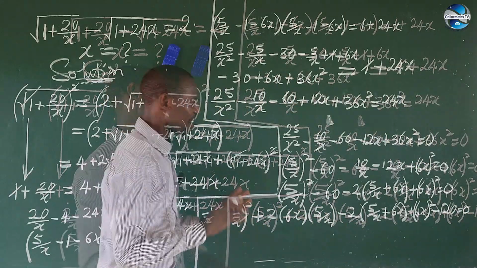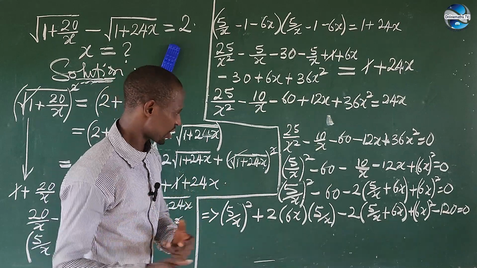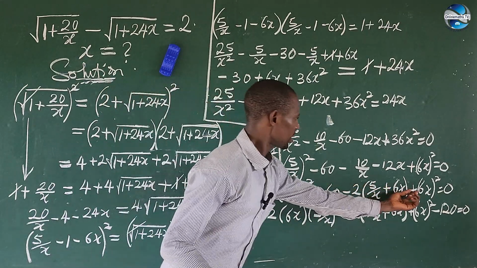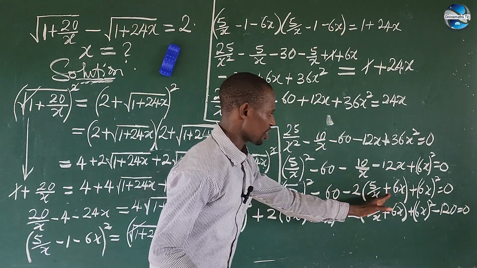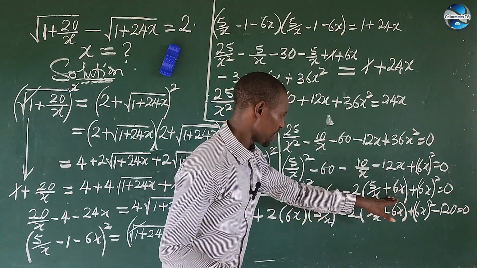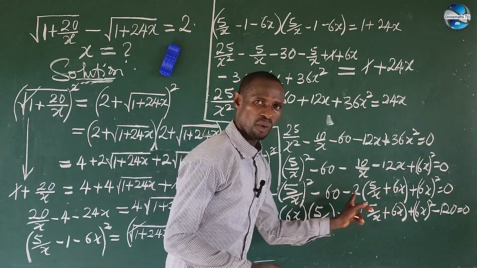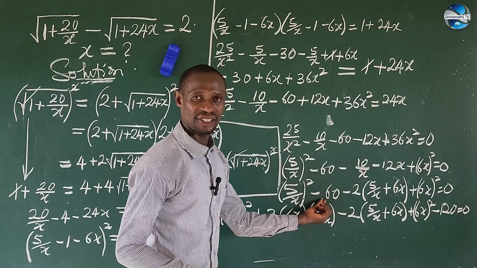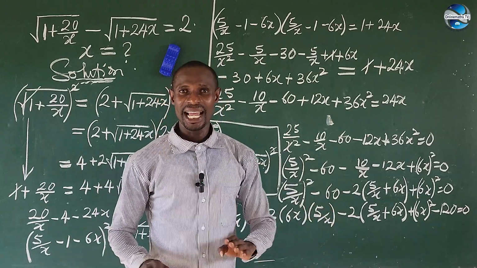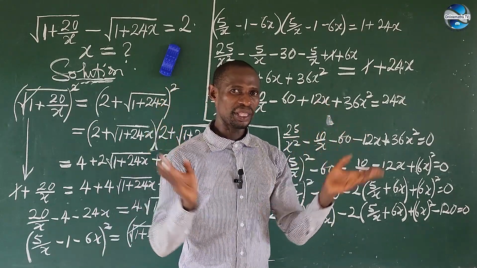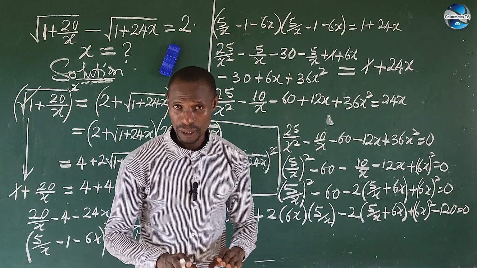Confused? Now look at what I did at first. I brought this and this together and I substituted a particular alphabet for this and for this to form a quadratic equation with minus 60 being the constant. When I solved that, I did all within my power. I did get this solution.